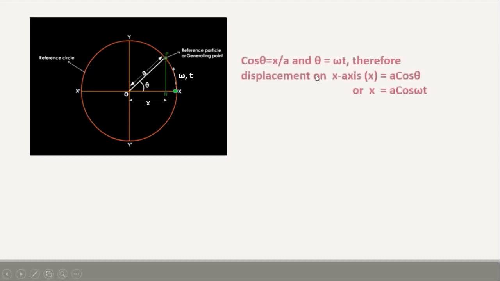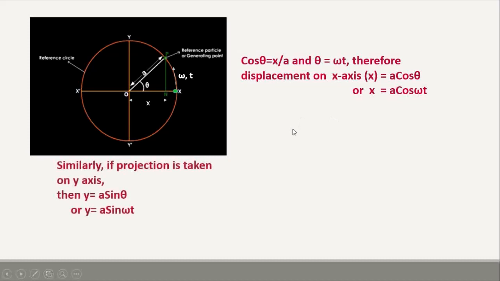So cos theta equals adjacent side upon hypotenuse, x upon a, and you know theta equals omega t. Then the displacement x is equal to a cos theta. So this is how we represent simple harmonic motion in this format: x equals a cos omega t. So it's a function of cos.